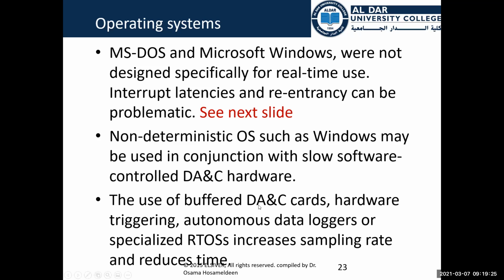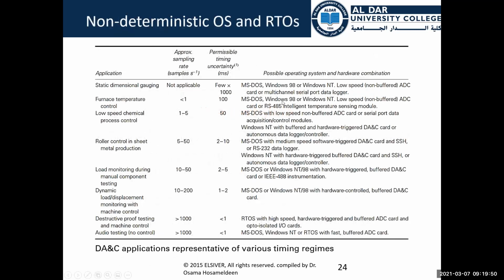The use of buffered data acquisition and control cards, hardware triggering, autonomous data loggers, and specialized RTOS increases the sampling rate and reduces time. This means we can have Microsoft Windows as a higher level, but we should expect higher latency. We can go down, as in this table, and use just hardware. We go near the hardware to have faster processing of data and higher resolution of our samples.